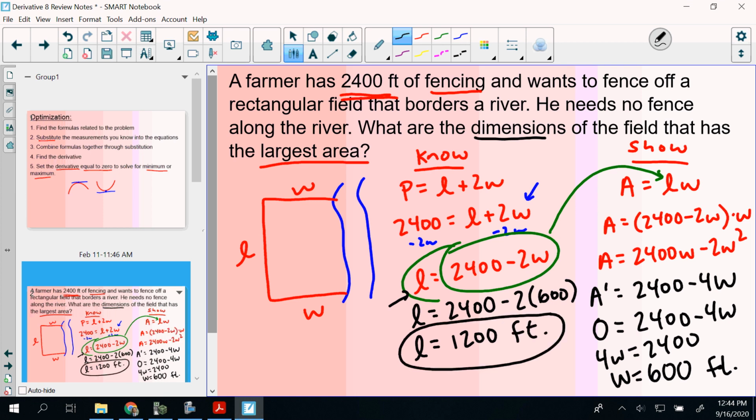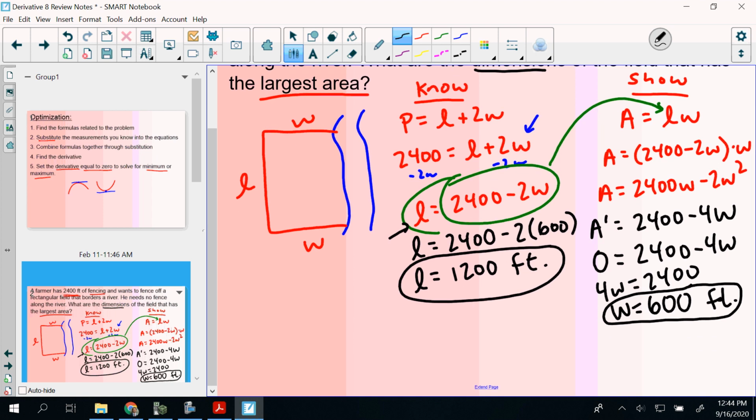We've answered the question. One thing they may also ask, other than maybe finding the total area or the largest area on this one, might be, on the AP test, they might say show that this is in fact a maximum. Use either the first or second derivative test to show that. I'll use the second derivative test to do that. Here's our first derivative. Let's find the second derivative.